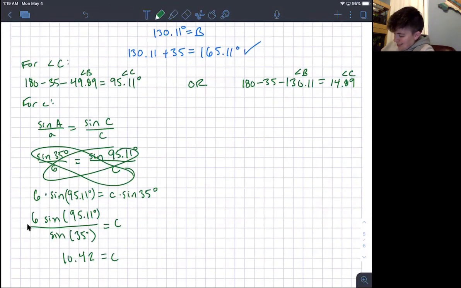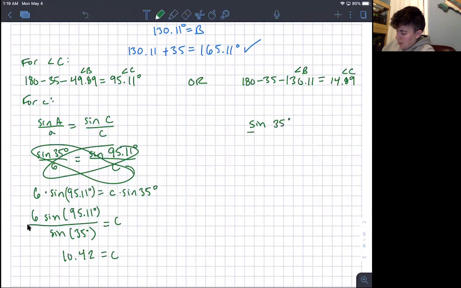And then I'm going to do the exact same thing over here. I don't need to rewrite that since I already wrote it over there. So I'm just going to jump right in. Sine of 35 degrees over 6 equals the sine. This time I'm going to use this C right there. So sine of 14.89 degrees over C. Let me do my cross multiplication.